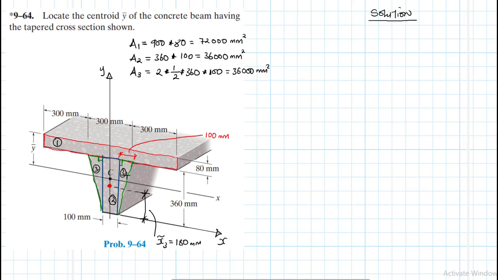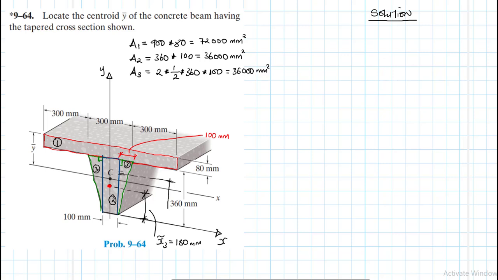What about part 3? Part 3 is a triangle, a right angle triangle. So we know that the centroid is going to be within this direction here, somewhere there. And we know for the triangle, it's always from the x-axis going up, it's going to be equal to 2/3 of 360.